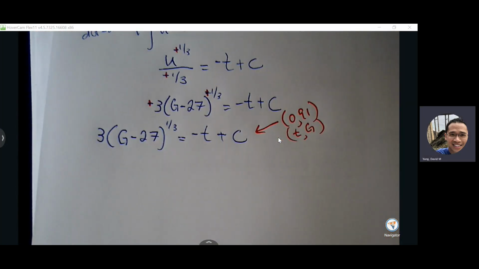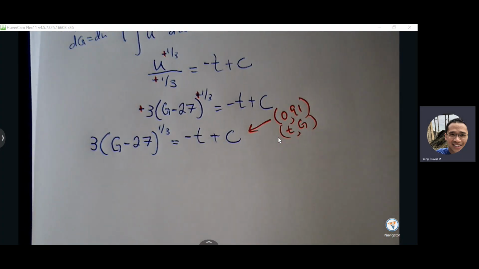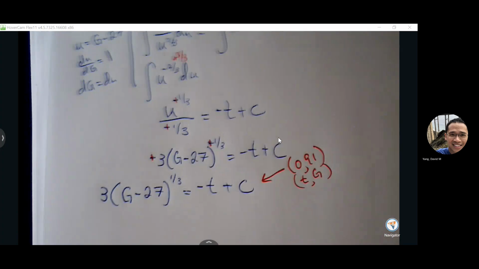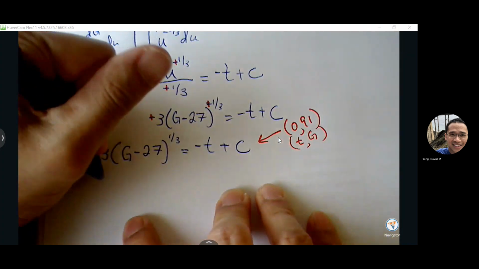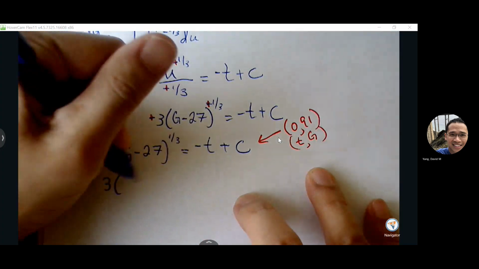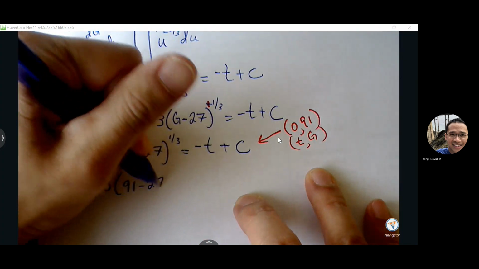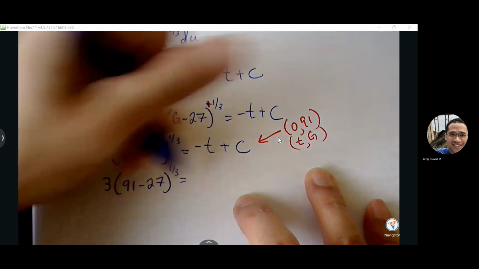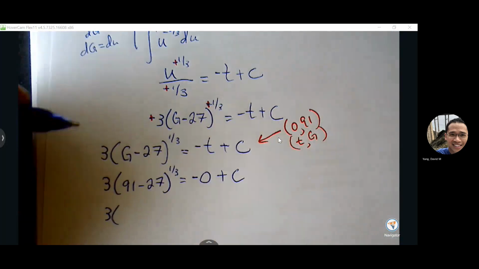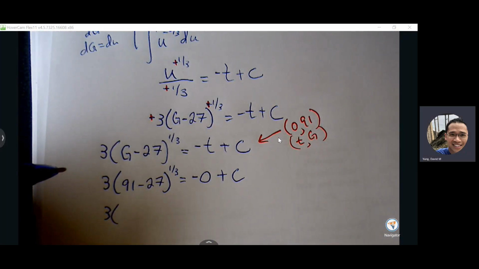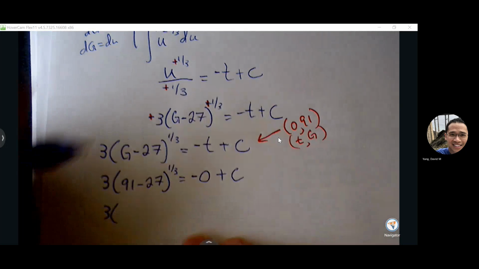So there's my ordered pair that will help me solve for C, 0 in for T, 91 in for G. Okay, 91 minus 27 is 64.